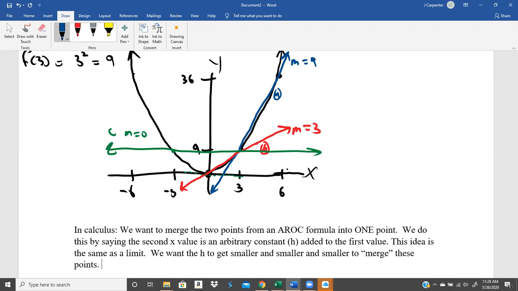So that idea, like where we had a function and we plugged in 0.9, then 0.99, then 0.999 to take a limit, the idea here is to make the h something like a 1, then a 0.1, then a 0.01, then a 0.001.